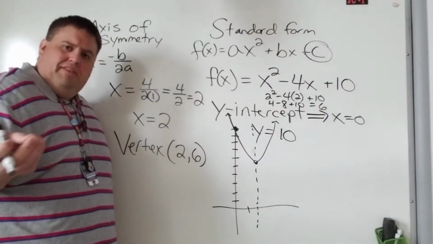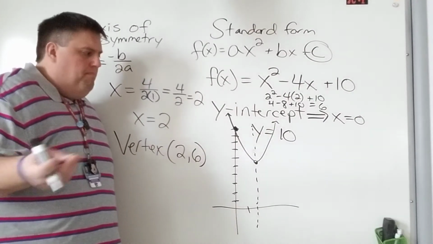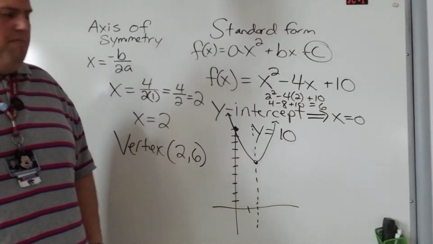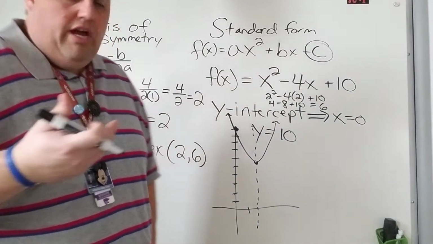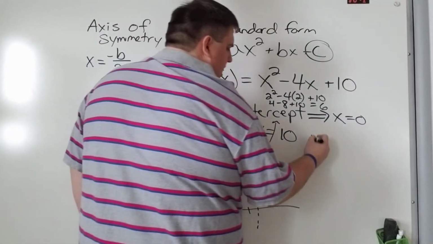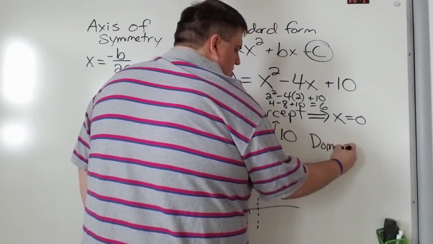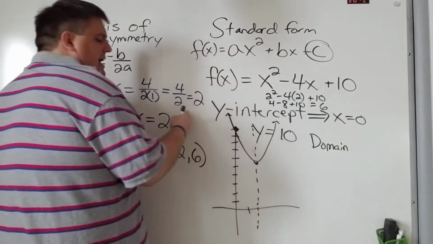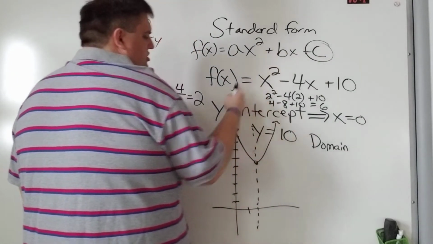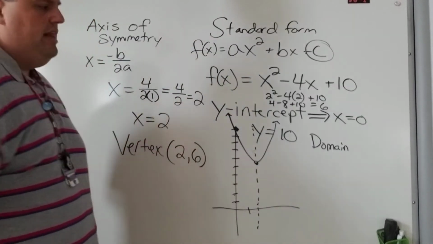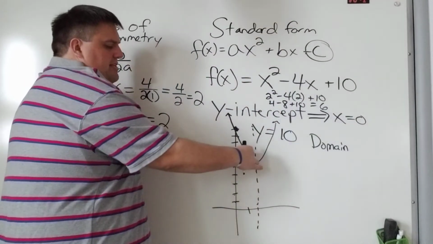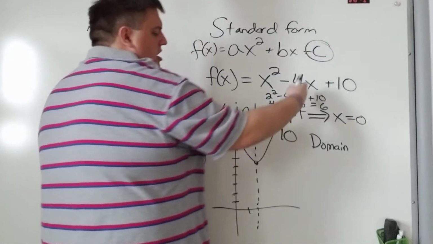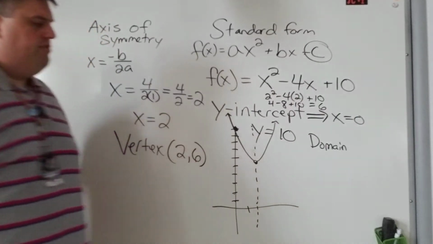We did not talk about this either, but we can talk about domain and range here. So my domain, what kind of x values can I have in this function? Well, there's nothing really that limits my x values. And if you think about this thing, it would go on and on forever in both directions.